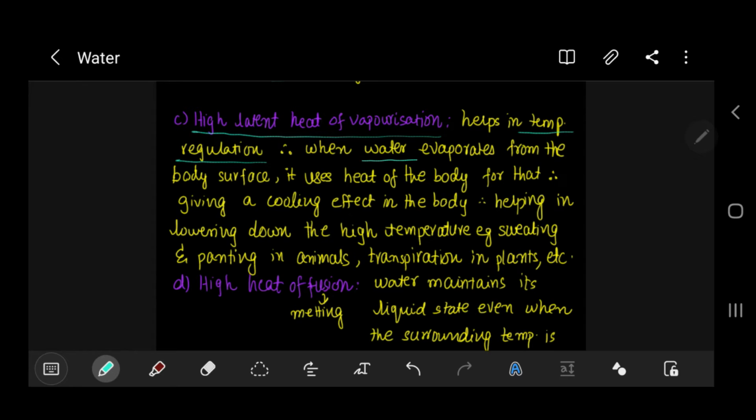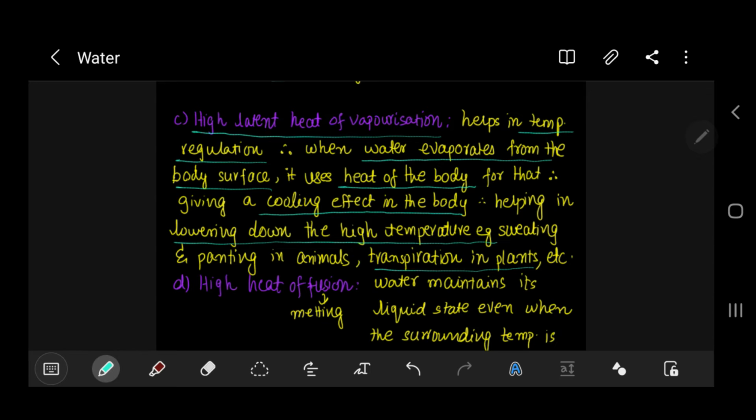When water evaporates from the body's surface, it uses heat of the body, giving a cooling effect in the body. This helps lowering down the high temperature, and the processes include sweating and panting in animals, and transpiration in plants, etc.